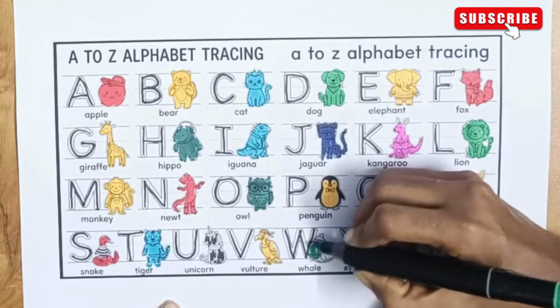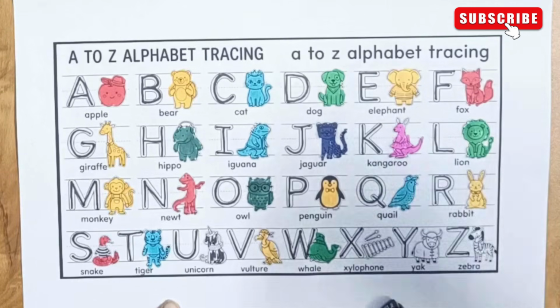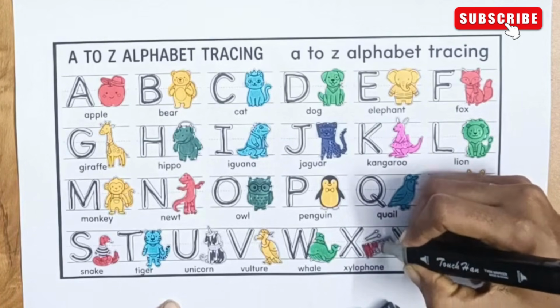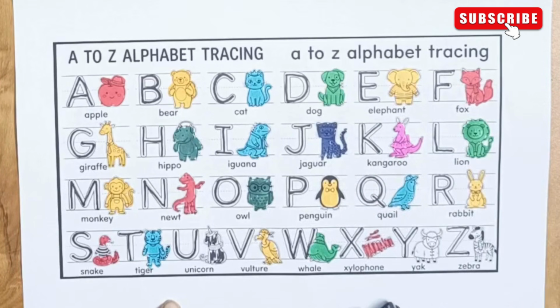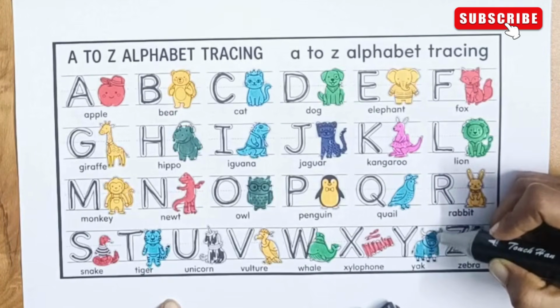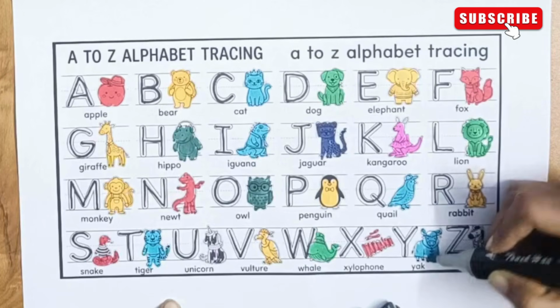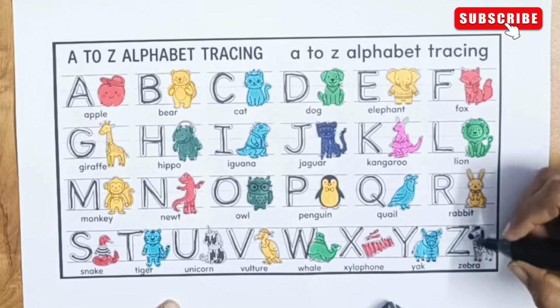Next, W for whale. Next, X for xylophone. Then Y for yak. Finally, Z for zebra.